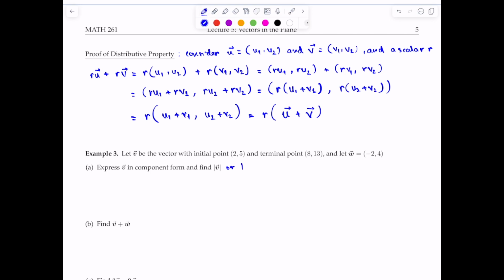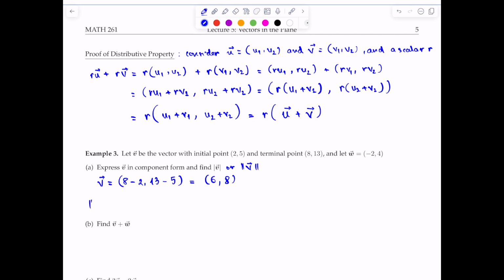Here is another notation I mentioned earlier to show the magnitude of vector v. So v in the component form, you get the x value of the terminal point, subtract the x value of the initial point, the y value of the terminal point, subtract the y value of the initial point, and you get 6, 8.